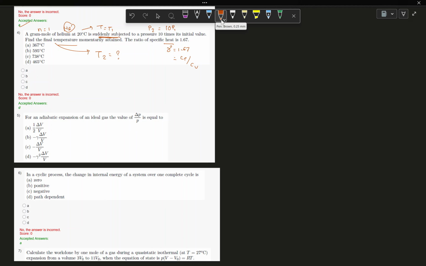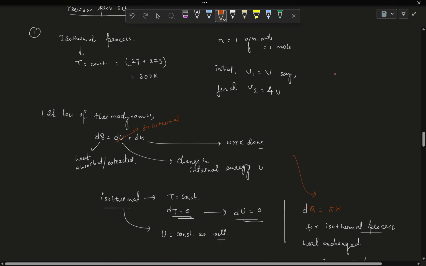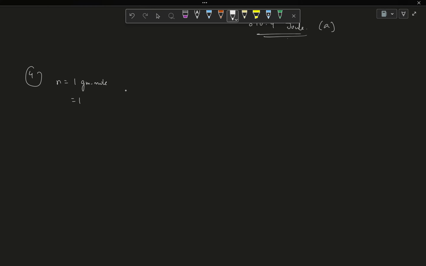Okay. So this is the information that you have got in this question, and now you try to solve this question using those known informations, right? So this is question number 4. n equal to 1 mole.